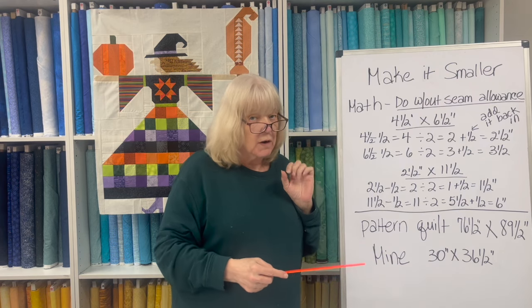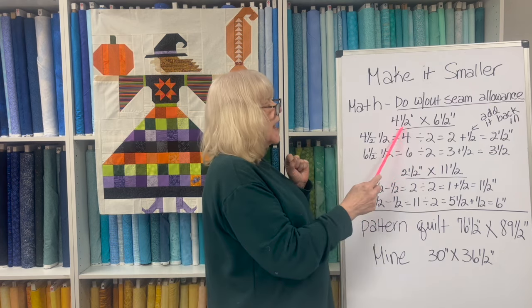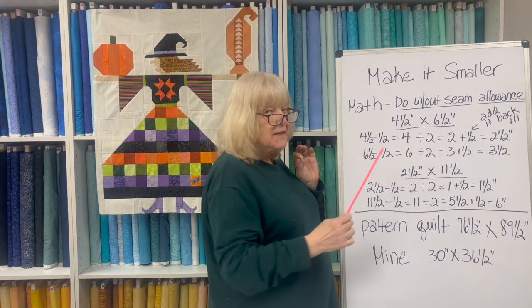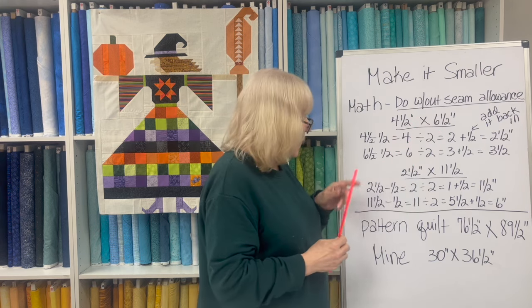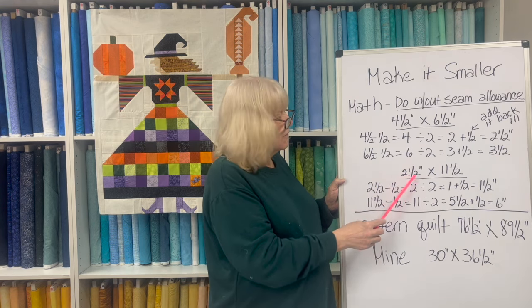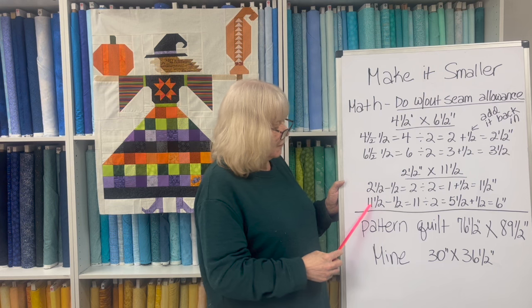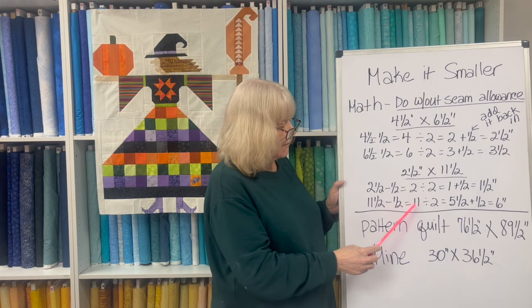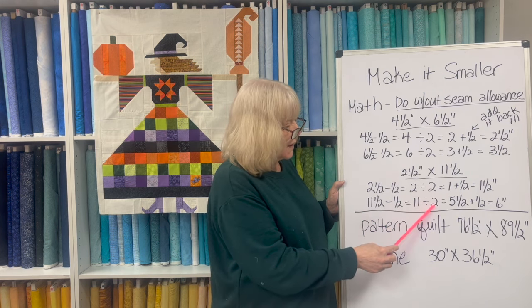Let's just do one more. Because these I look at and I can see immediately. Some I still have to really do the math. If we look at something that would tell you to cut 2.5 by 11.5, you would take the 2.5, minus a half equals 2, divided by 2 is 1, plus a half is 1.5. 11.5 minus a half equals 11, divided by 2 equals 5.5, plus a half is 6.